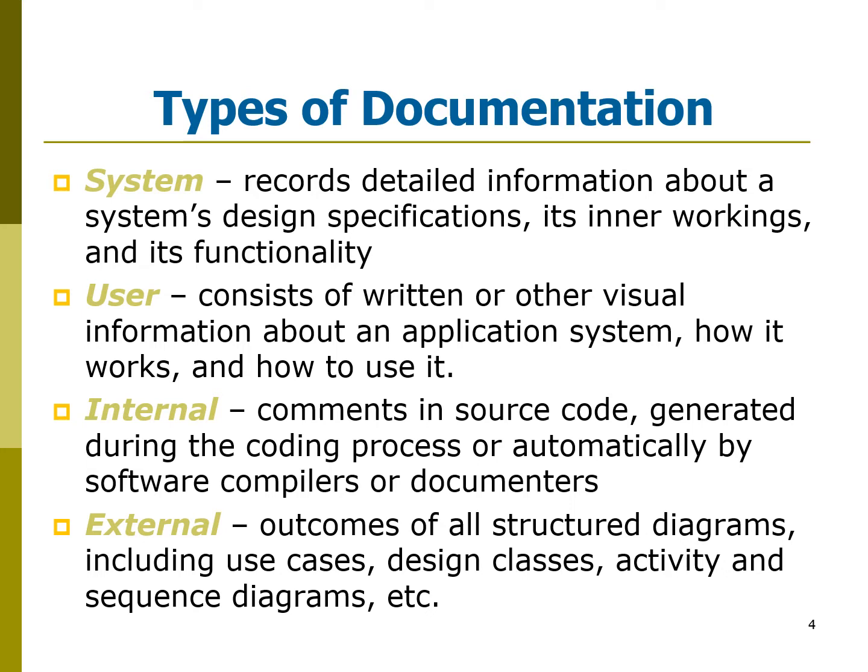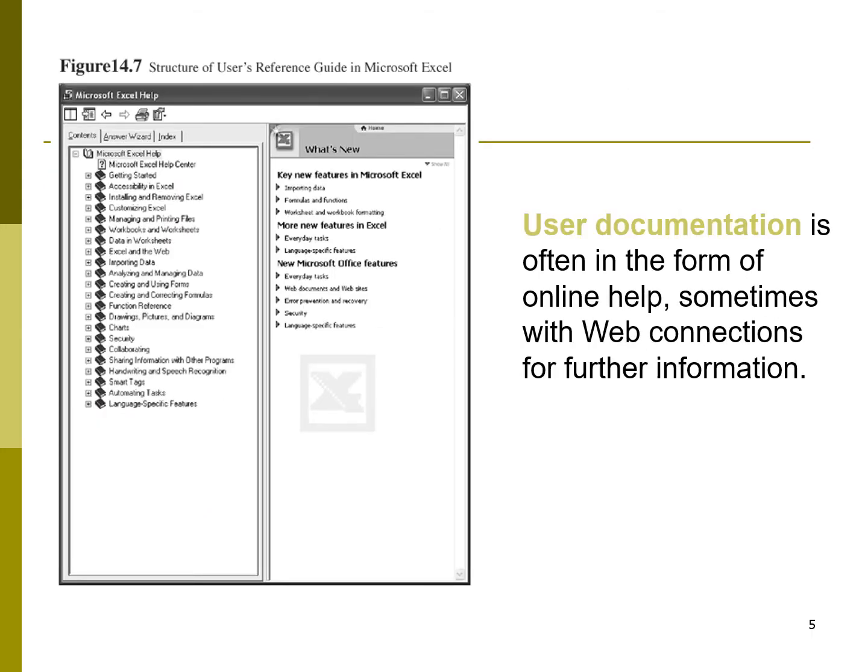So it relates to comments in the source code, right? It's very detailed. So basically, it's only going to be used among the developers. This internal documentation can either be written manually or generated by software compilers.